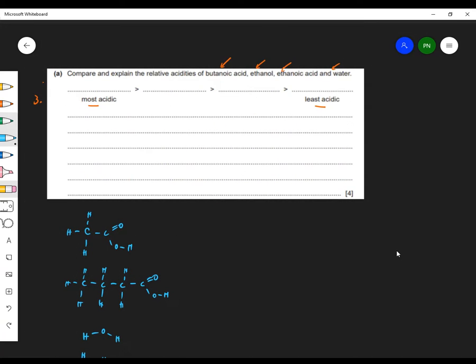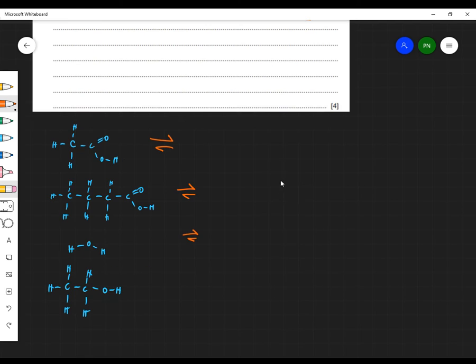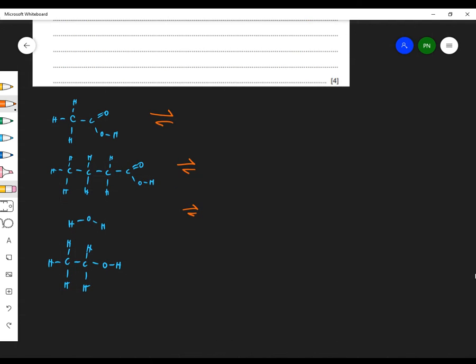So the most acidic is going to be ethanoic acid, then we have butanoic acid, and then we've got water, and then the least acidic is ethanol. All of these are going to be in some sort of equilibrium with their conjugate. Let's try and explain why they're in this order.